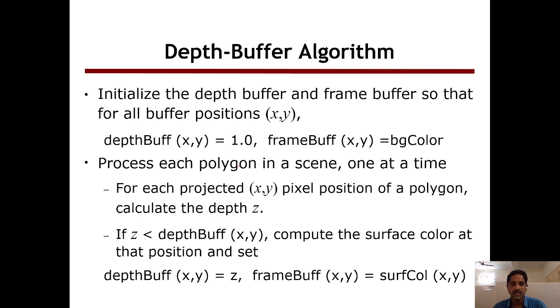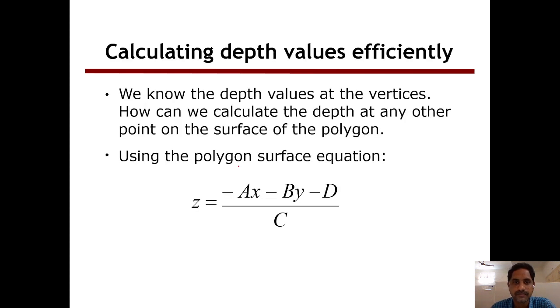So whenever z is less than the depth buffer, the depth buffer value changes from 1 to z, or maybe 0 to z. In the frame buffer we are storing the intensity values.